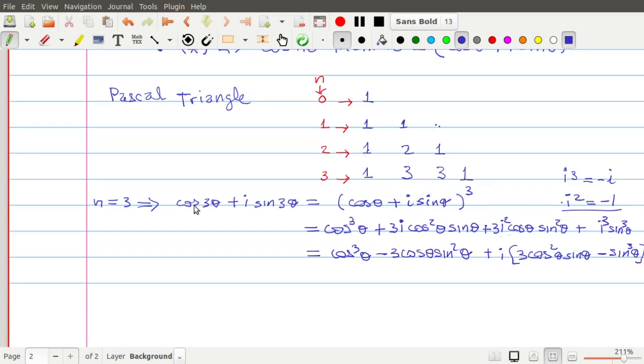So now to equate the two, we have cosine 3 theta will be equal to this one and sine 3 theta will be equal to the imaginary part. So what interests us in particular is this one. So here we have cosine 3 theta will be equal to this, which is cosine cube theta minus 3 cosine theta sine squared theta.